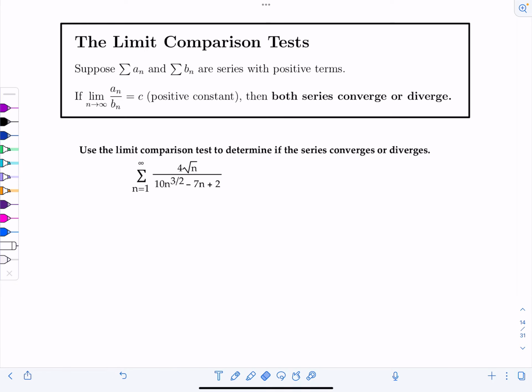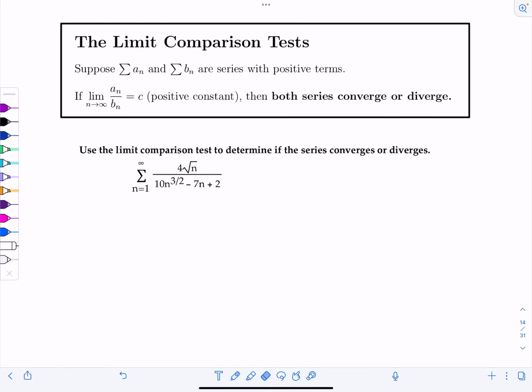Ooh. And then as long as your limit is a finite number, not 0, so positive constant, then you know both series basically behave the same. If you took the ratio of your series with something else that is convergent, then your series converges also, or if it's divergent, then your series diverges also.